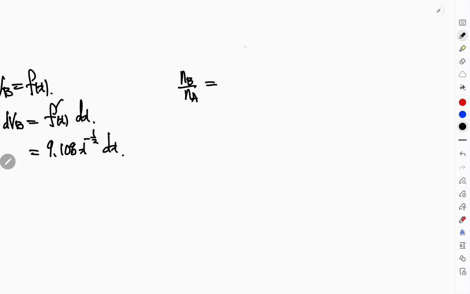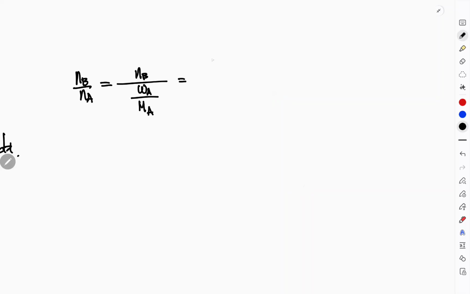Let's leave the nB, and let's think about this water. So nA means the mass inside the mixture divided by the molar mass. If we calculate this one, we need to know the moles. The definition of molality is the moles of solute divided by the solvent mass.